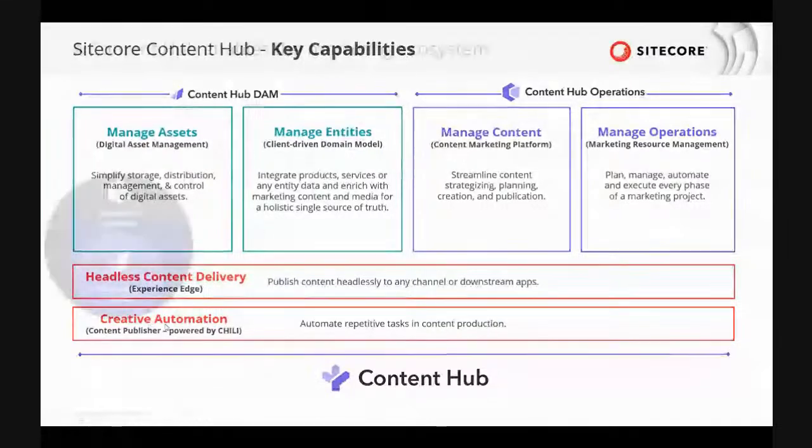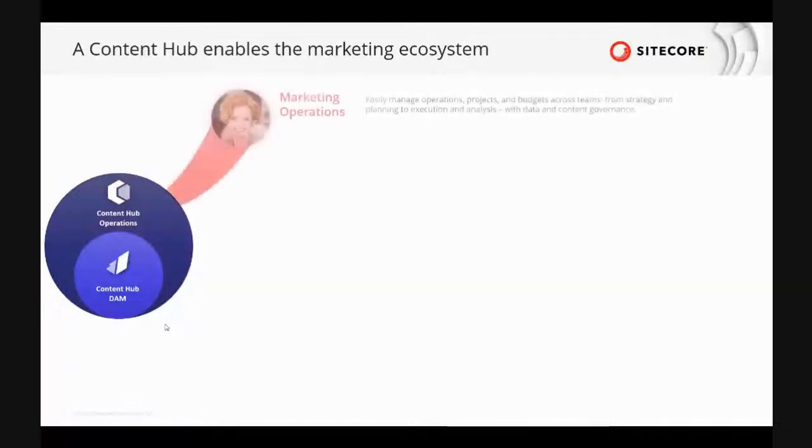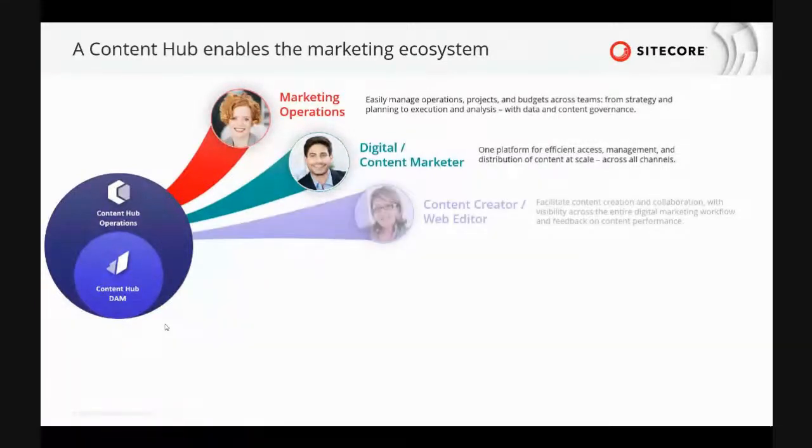So now I've given a quick overview of the capabilities. I just wanted to focus a little bit on how having a centralized DAM, having a centralized Content Hub, benefits everyone in the marketing organization and beyond. So around marketing operations, it allows you to easily manage projects and budgets across teams, from strategy to planning, to the digital or content marketer teams that have one platform for efficient access, management, and distribution of content at scale, as well as the content creators and web editors, which further facilitates the creation and collaboration of content.